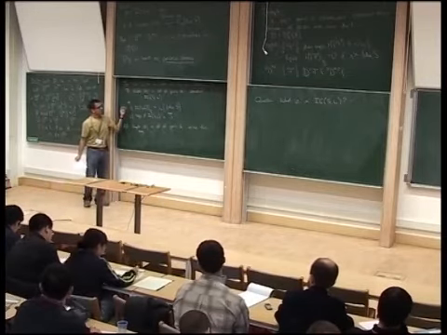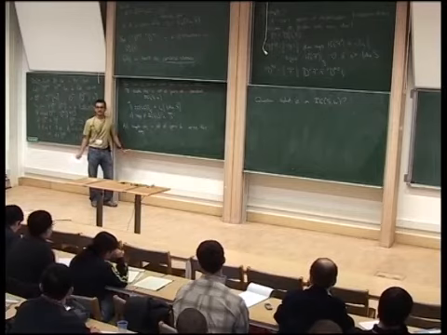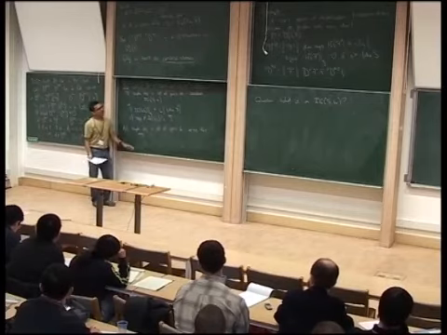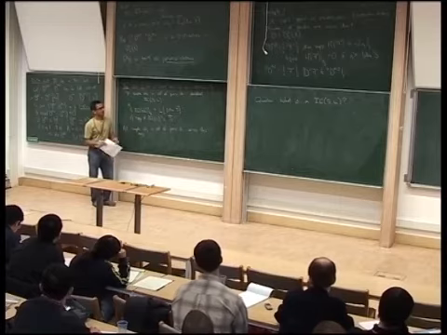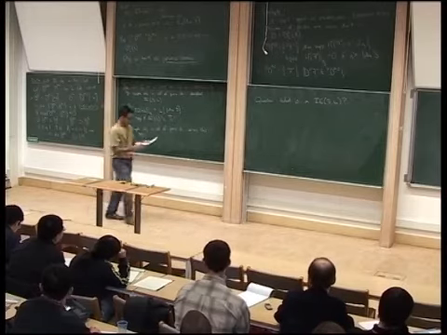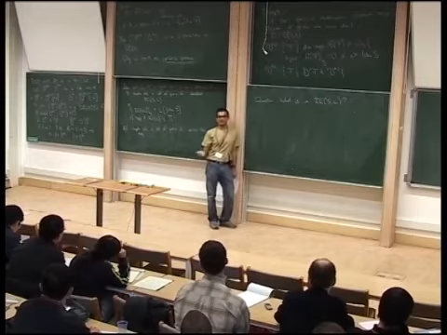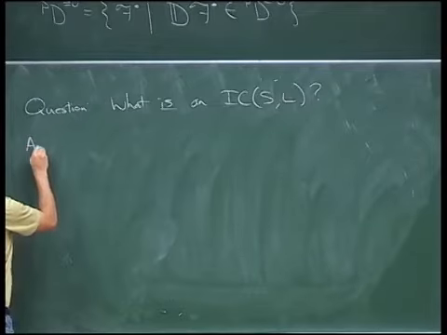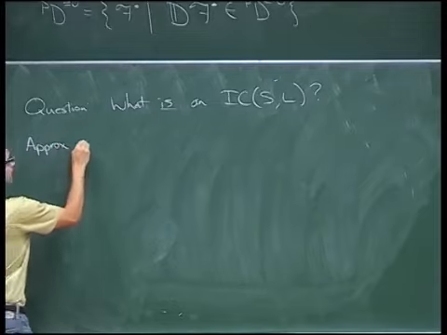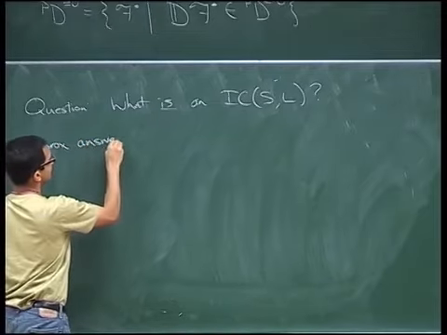But these are specific objects in the derived category of constructible sheaves. And it would be nice to write down a description of one. We're not going to write down a specific complex. We're going to write down sort of an approximate answer in some examples.